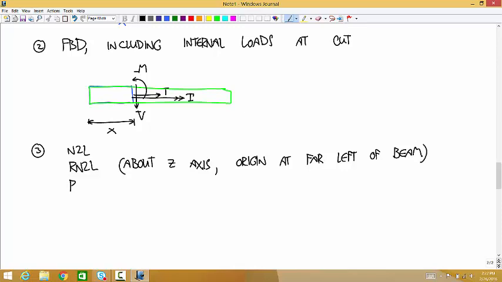And then the moment equation about the x-axis. We're not doing y, just x and z. So if that thing bent down or up, that would be about z, and then about x is the torque.